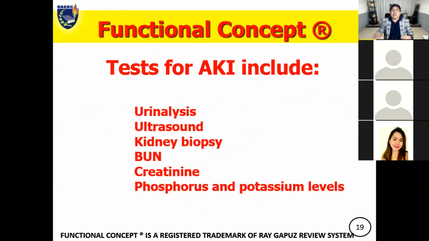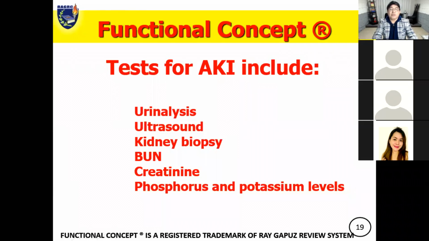So what are the different tests for AKI? Well, you begin with the most basic ones. Don't ever forget the basics. So we begin with urinalysis, and then your non-invasive tests like ultrasound, and then your kidney biopsy.